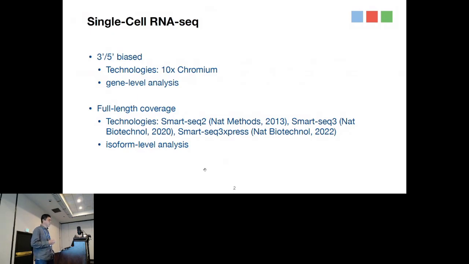They are not mainstream, but they are becoming more popular. This kind of data is able to do isoform level analysis because the reads can cover the entire molecule. So we are more interested in the second one, using, for example, SmartSeq3 data to do isoform level analysis at the single cell resolution.